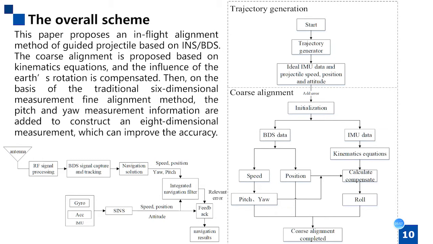Then, on the basis of the traditional 6-dimensional measurement fine alignment method, the pitch and yaw measurement information are added to construct an 8-dimensional measurement, which can improve the accuracy and the misalignment angle convergence rate.